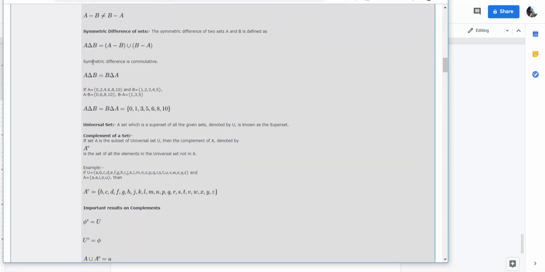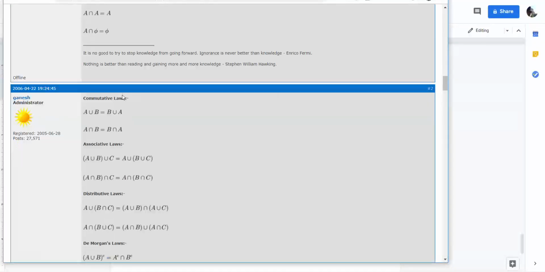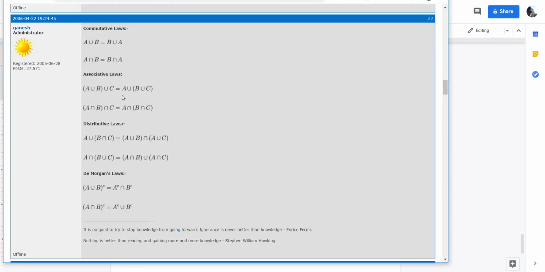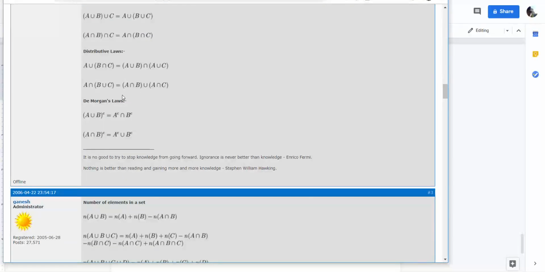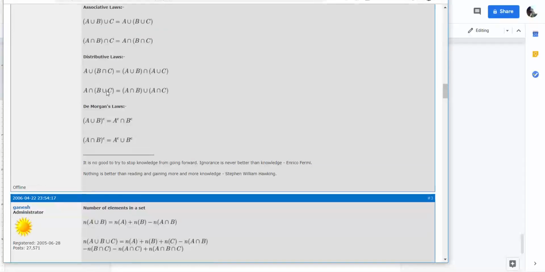And commutative, we've answered this. So now I think we've covered pretty much all topics. The number of elements is something we've talked about, and that's out of the way.